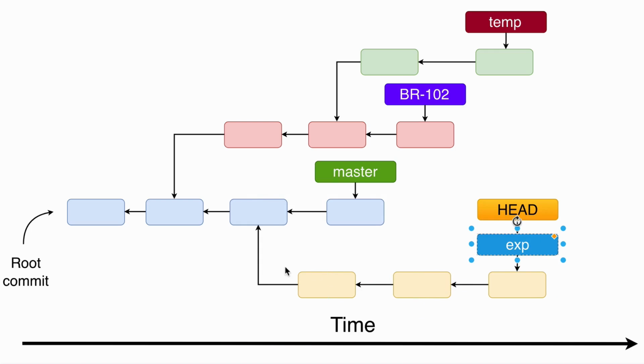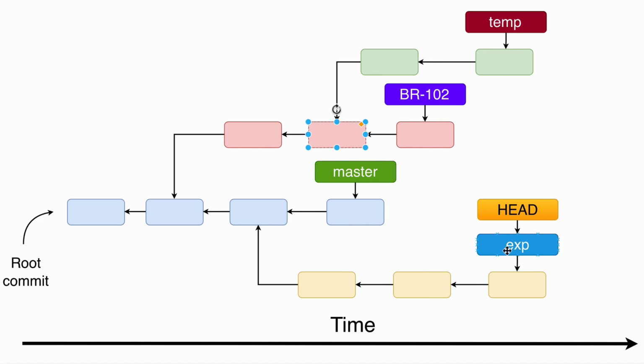This branch was created at this moment of time, after this commit in the master branch. And here you see commits made in the experimental EXP branch. Again, this branch EXP is completely independent from the master branch and the BR102 branch, and commits made in this branch don't match in time with commits made in other branches, master or BR102.